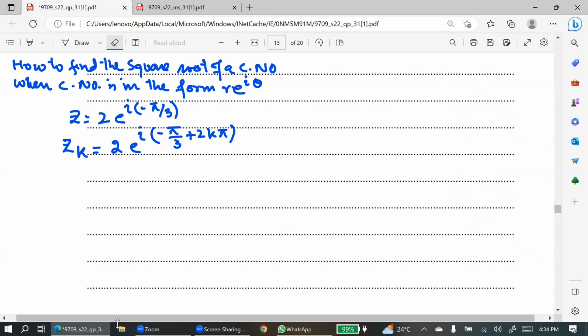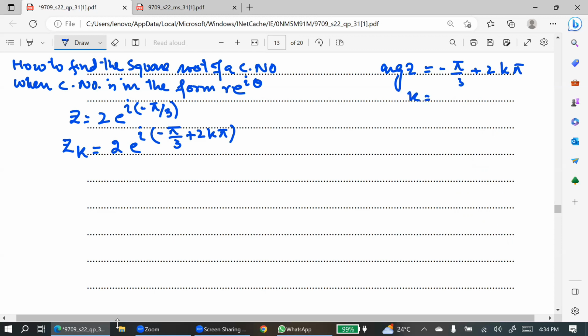We will add 2k pi in the argument. That is, the argument is minus pi over 3 plus 2k pi.